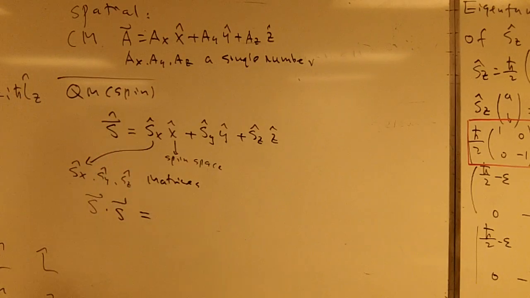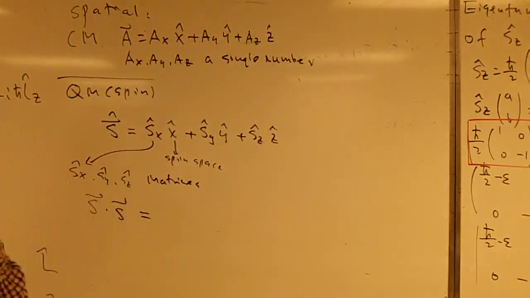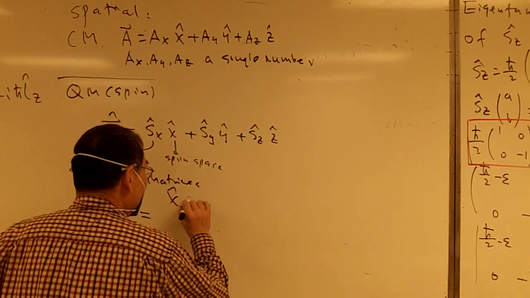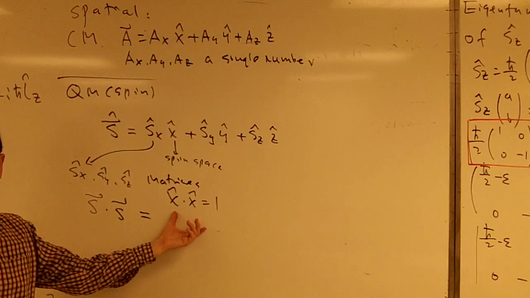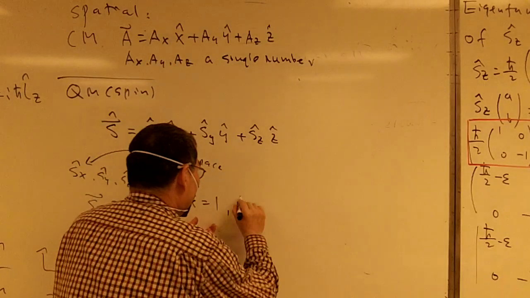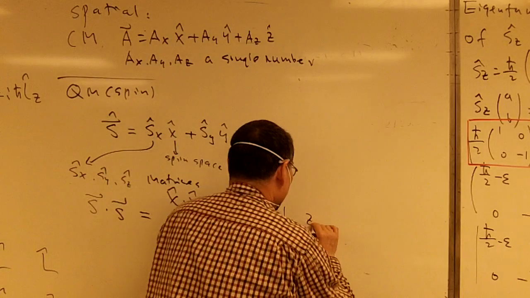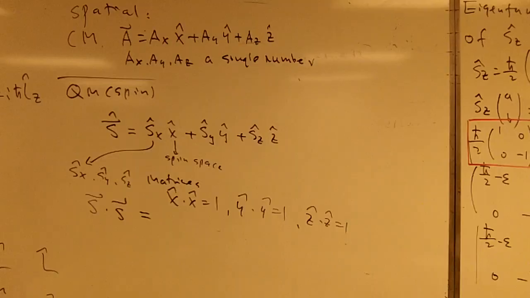When you have a dot product, you totally have 9 terms, right? 1, 2, 3 times another 1, 2, 3. However, only the non-zero ones survive because of the unit vectors. y hat dot y hat equals 1. z hat dot z hat equals 1. All the others are going to be 0.